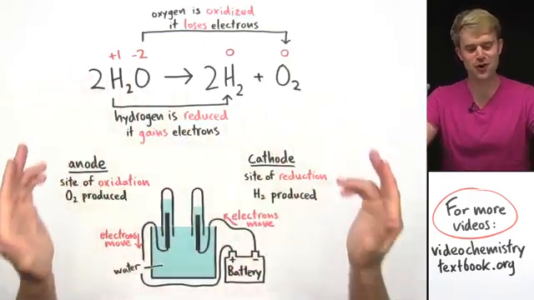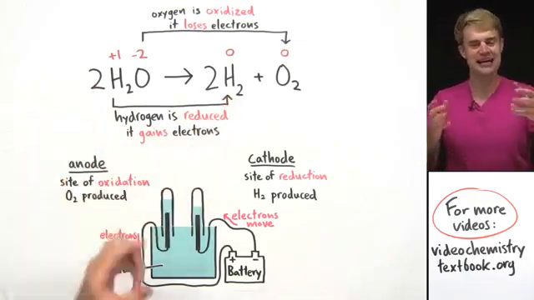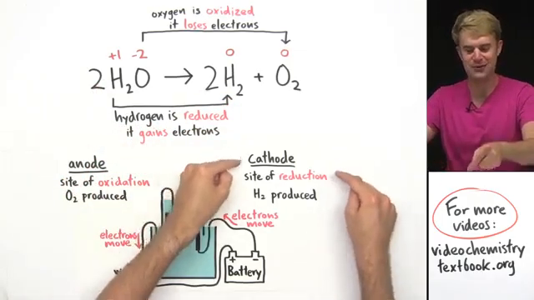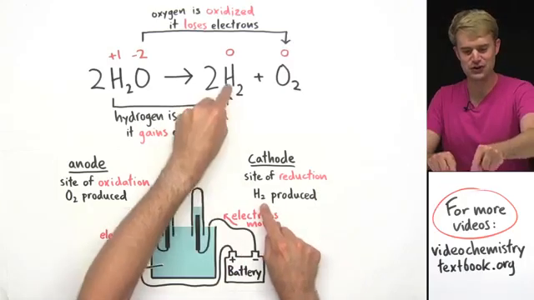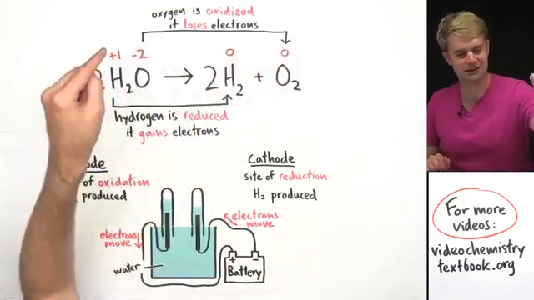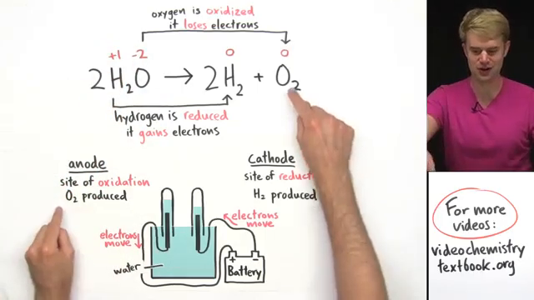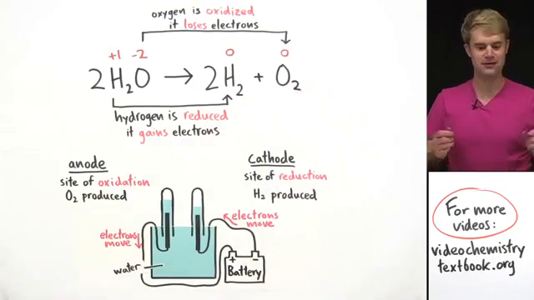So that is the electrolysis of water. Hydrogen is reduced, it gains electrons, this happens at the cathode, the site of reduction, and H2 is produced there. Then oxygen is oxidized, it loses electrons, this happens at the anode, the site of oxidation, where the oxygen is produced.